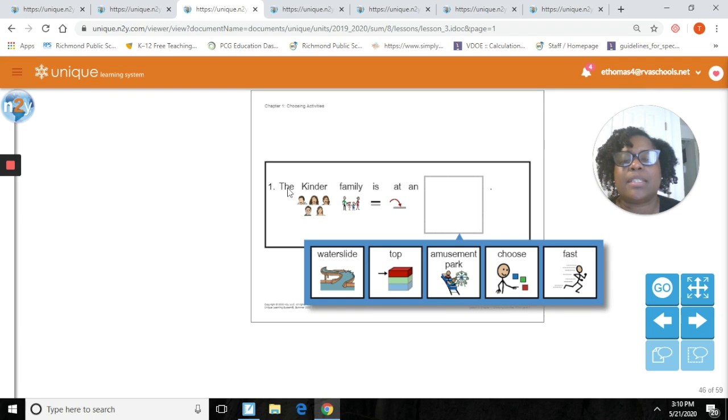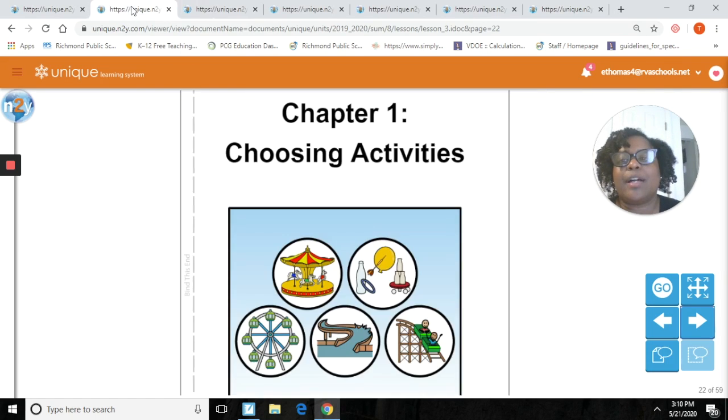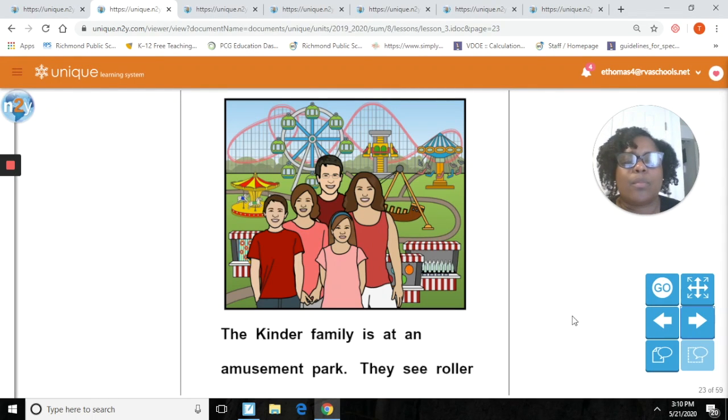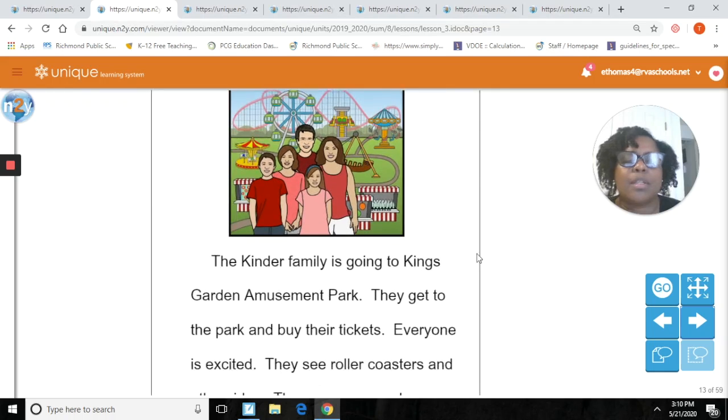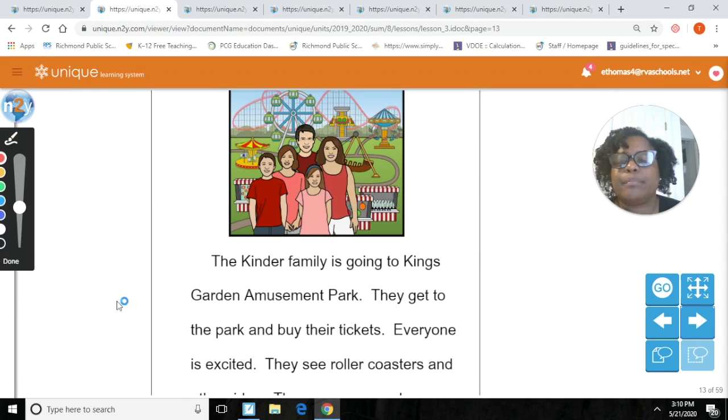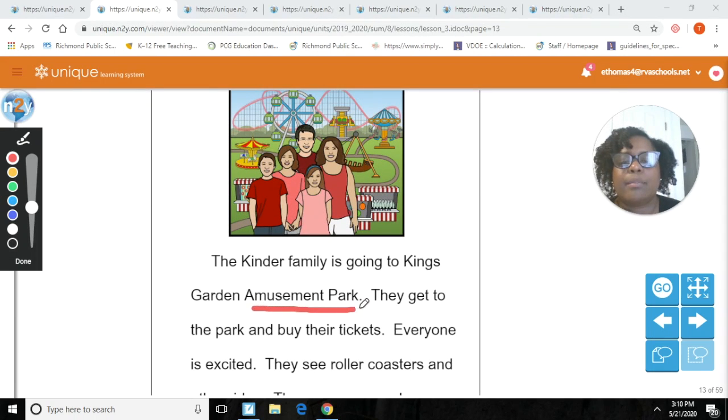So it says that the Kinder family is at an, and this is looking for a location, a place. Where are they, right? So let's use our story to help us find the answer. But before we do that, let's finish this first and we'll go back to that because I forgot to do something. Okay, so let's look and see where they are. So where is the Kinder family? They're at an amusement park.